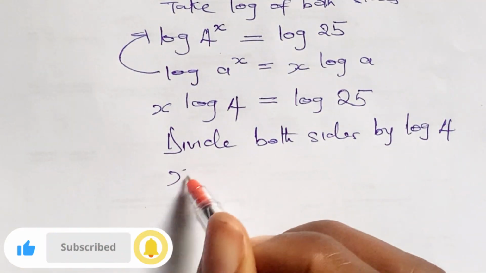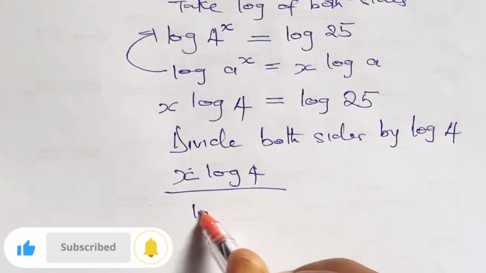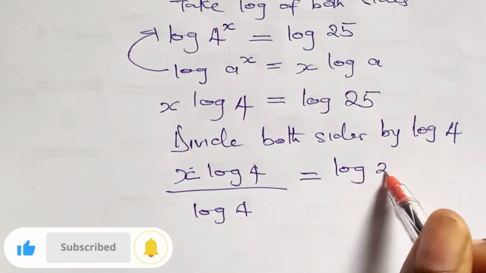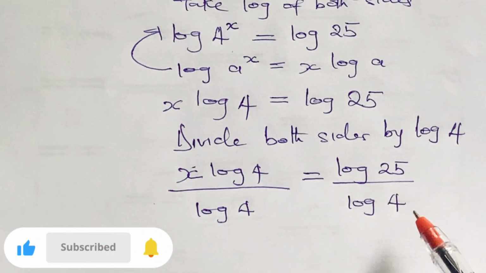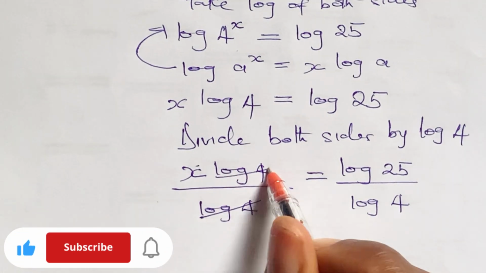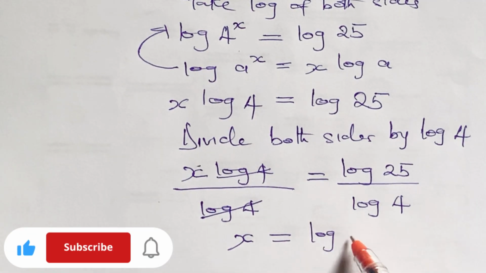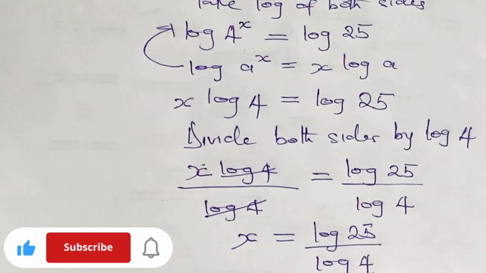Now we'll have x log 4 divided by log 4 is equal to log 25 all over log 4. Log 4 cancels log 4, so we have x is equal to log 25 all over log 4.